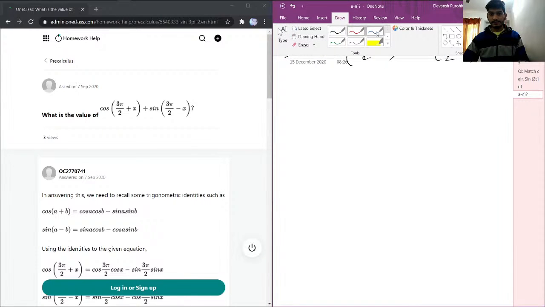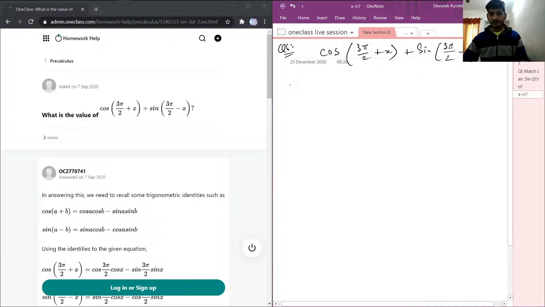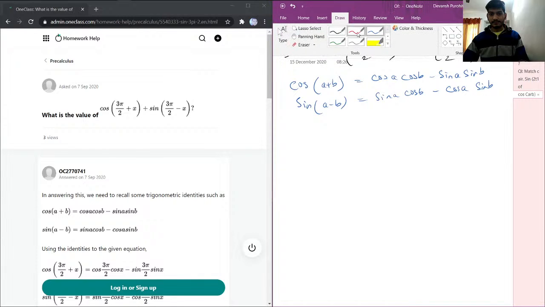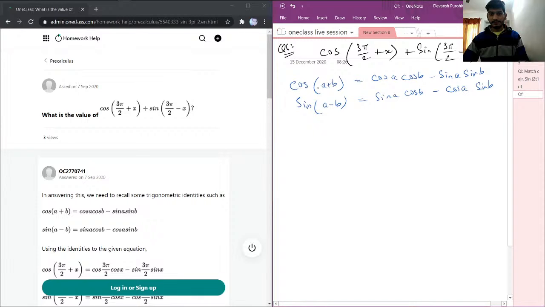Here I'm going to use cosine of a plus b, which is cosine a cosine b minus sine a sine b. Then I will use sine of a minus b, which will be sine a cosine b minus cosine a sine b. So let's just use these identities and expand this.